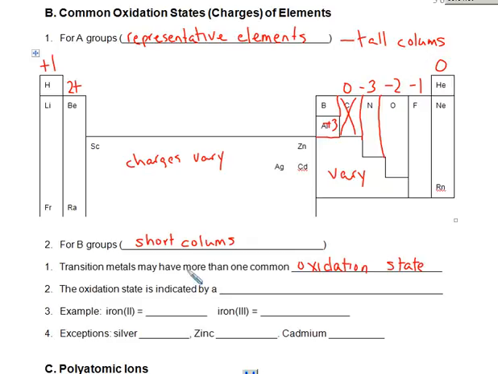Now, we indicate the oxidation state or the charge by using a Roman numeral. So you're going to have to remember what your Roman numerals are, and you have to be able to count up to 7. So let's do this.